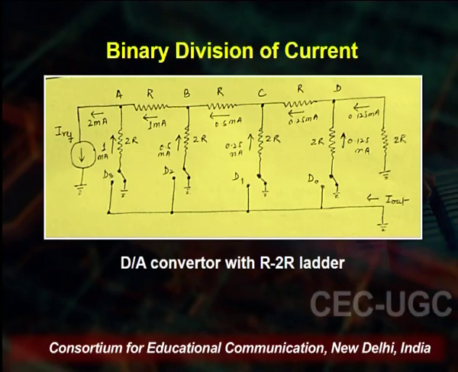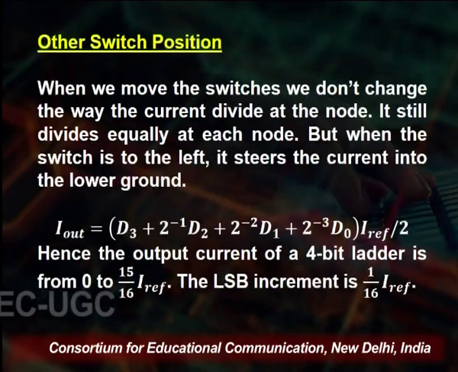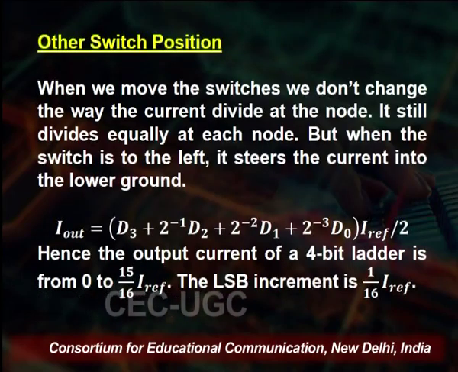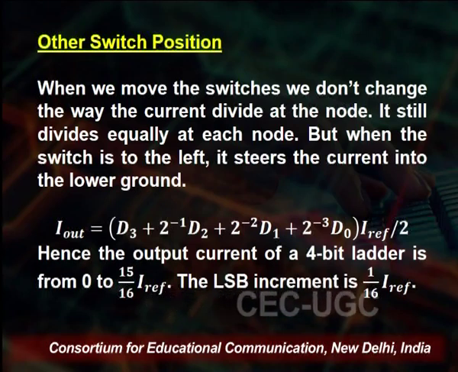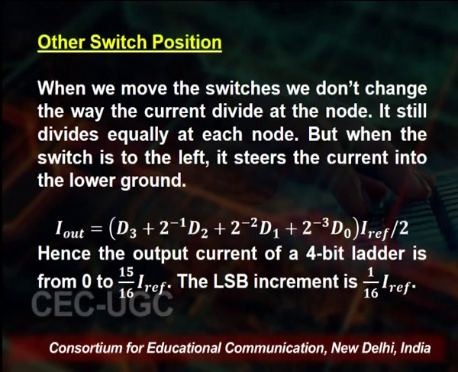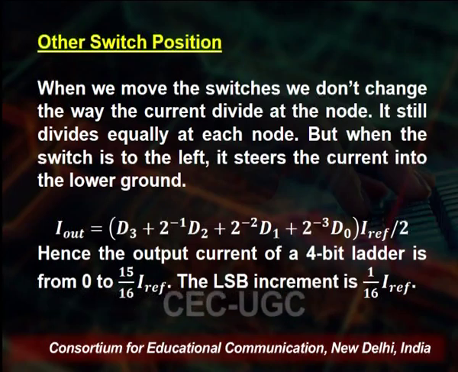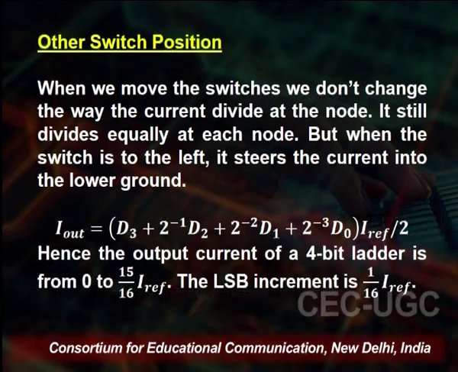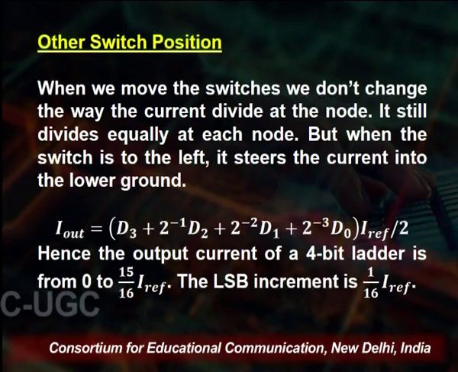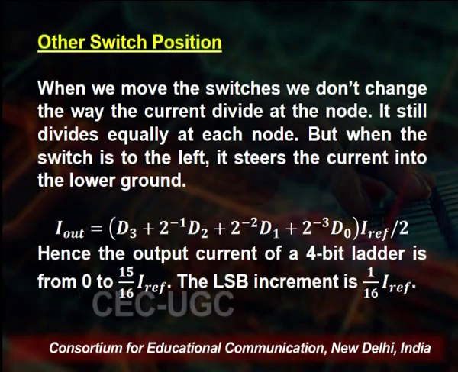So, when we move on to the switch positions, we see the total current as having D3, since there are 4 bits. So, we go from D0 to D1 to D2 to D3. D3 has the maximum value, D2 is 2 to the power minus 1, that is 1 by 2, D1 is 1 by 4 and D0 is 1 by 8.